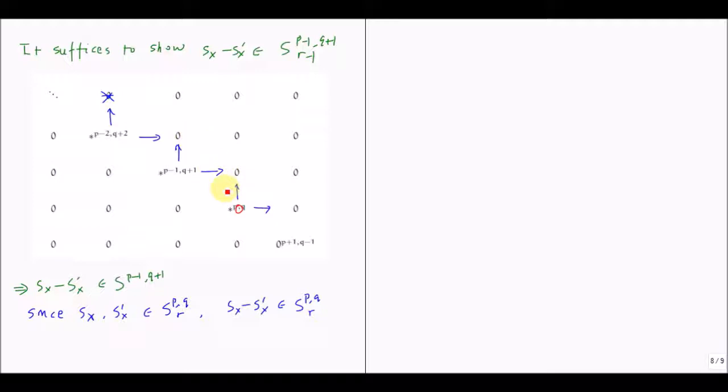But now, if the leading term is this, only 2 terms will vanish after applying the differential. Therefore, s_x minus s prime sub x is r-1 closed. As a pq strip, they are r-closed, and as a p-1, q+1 strip, they are r-1 closed, because this term will not be counted.